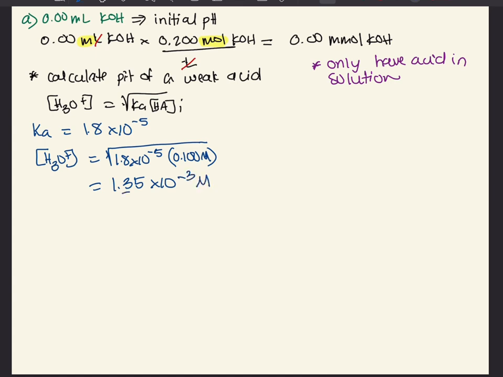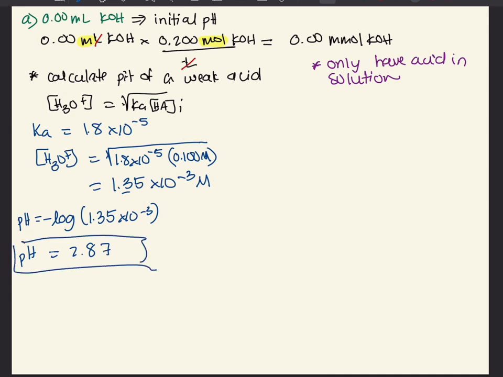And that is good to 2 sig figs based off our Ka value. Now, I have the concentration of my hydronium ion, so I can get the negative log of that to calculate my pH. And my pH is going to be equal to 2.87.